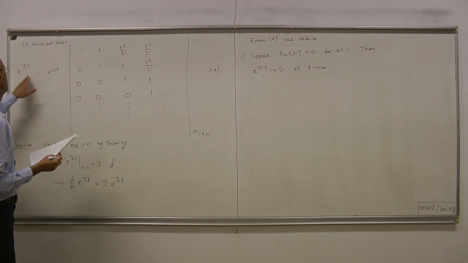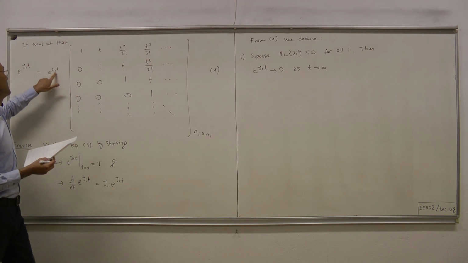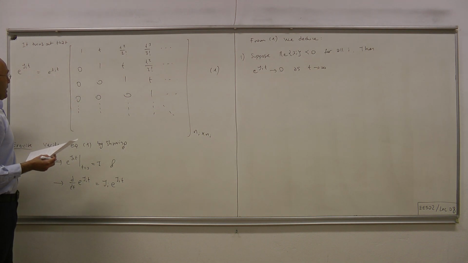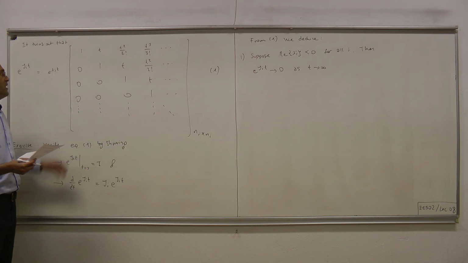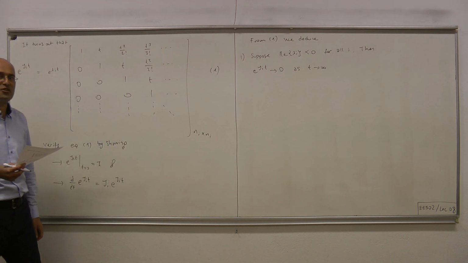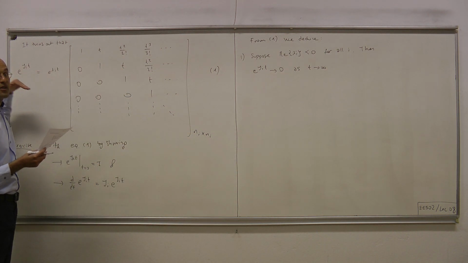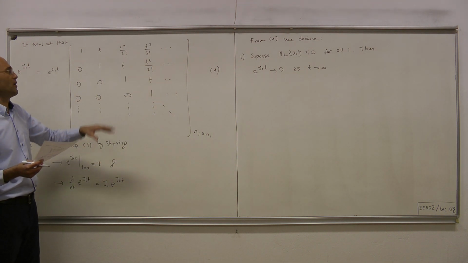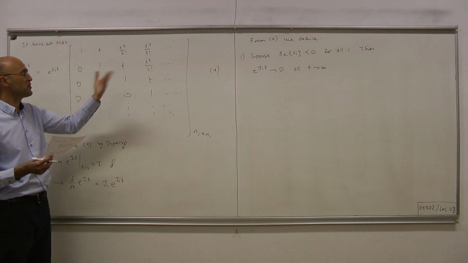Why is that? If the real part of lambda i is strictly negative, then e to the lambda i t, even if it's a complex number, will converge to 0 exponentially. If lambda is purely real, then it converges monotonically. If it also has some non-zero imaginary part, then it converges while oscillating. But nevertheless, it always converges to 0 exponentially. And if the block is 2 by 2 or larger, we will have some t squared, t cubed terms, which blow up in a polynomial fashion as t goes to infinity.